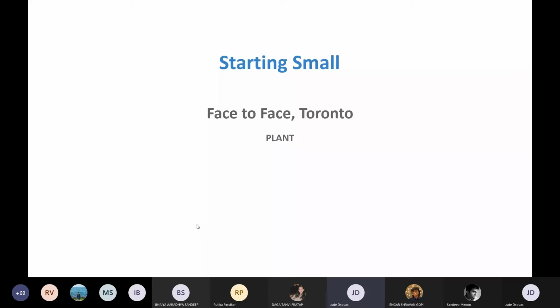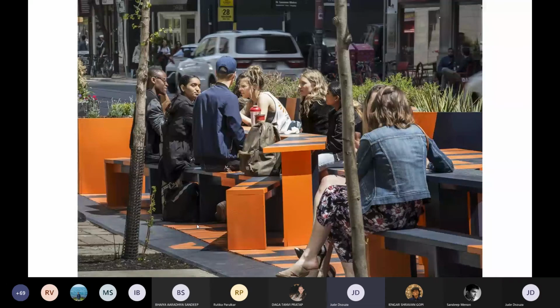It's almost like an installation. All it does is allow people to sit face to face next to a street. The colors are taken from the street, from barricades and all of that, and it's also seen from surrounding buildings.